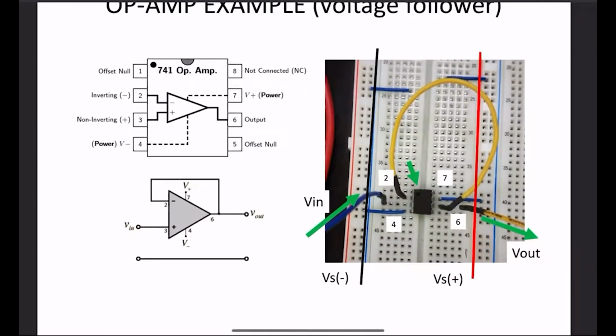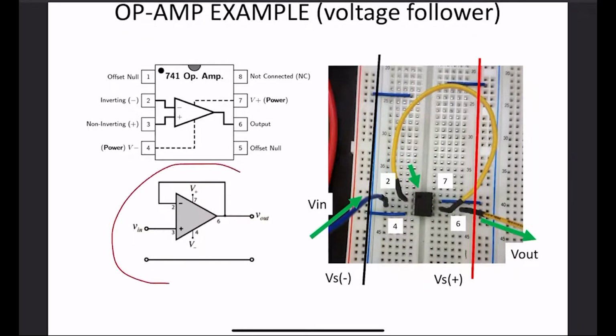So this is another example. If we are going to build a voltage follower, it is the simplest example. So your output is being fed into your inverting input, and your Vin is connected to number 3, and you are measuring your Vout. Okay, so what you need to do is number 6 is just being connected to number 2 like this. And so we have done this part.